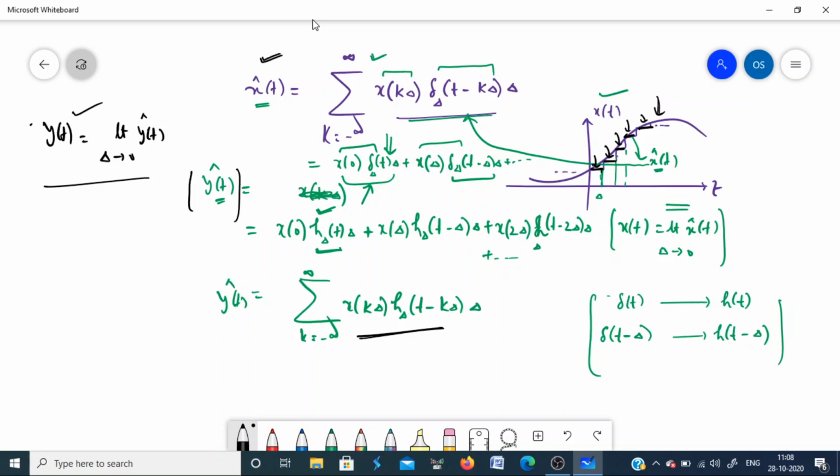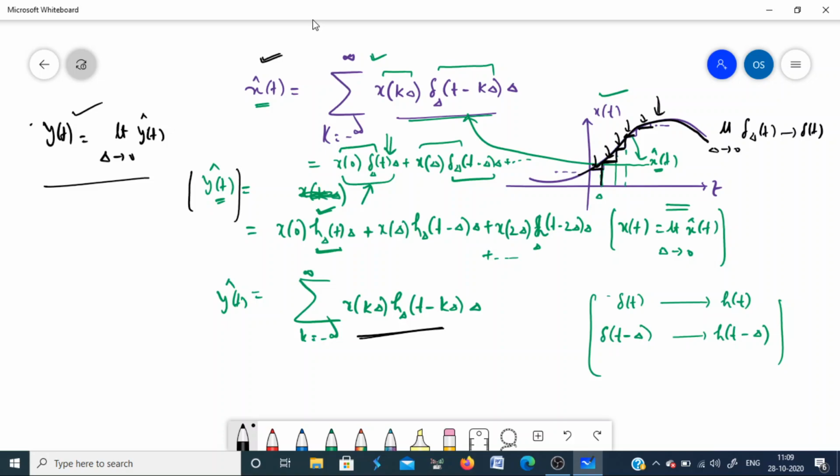But when delta approaches to 0, this pulse becomes delta del t. It converges to delta t, the ideal impulse, when del approaches to 0. Okay. It means in that case, in this staircase approximation, it will become basically a continuous function, that is x(t).